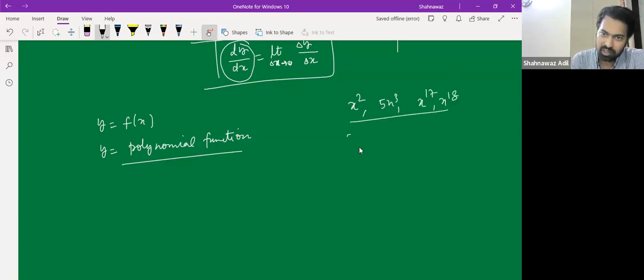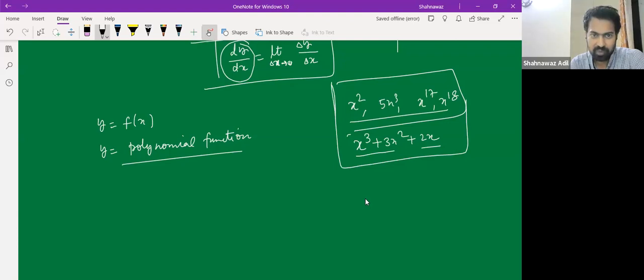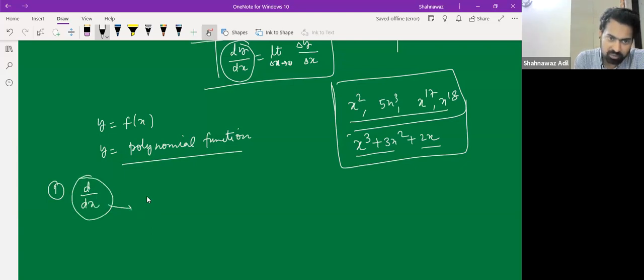These are all polynomial functions. And this one also, x cubed plus 3x squared plus 2x. These are polynomial functions. I will directly write the rules for the differentiation of these kinds of functions. So what would be d by dx? This is the differentiation operator.